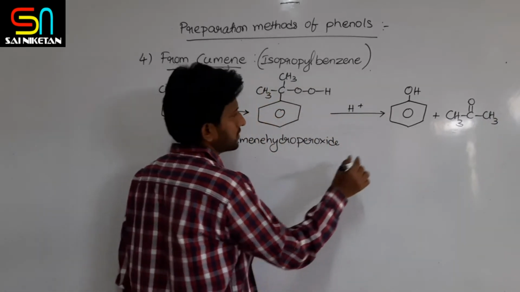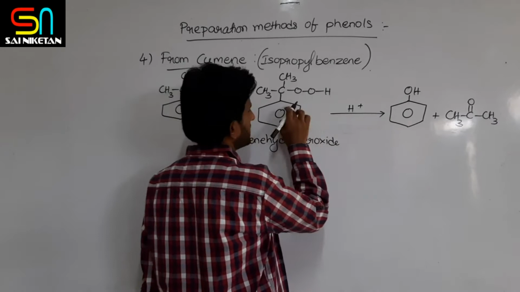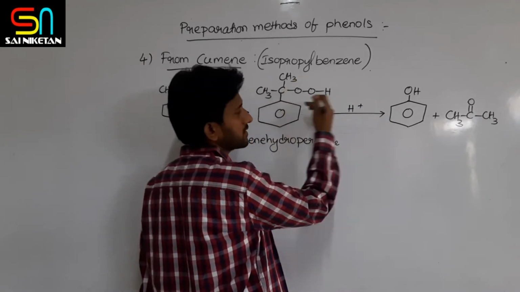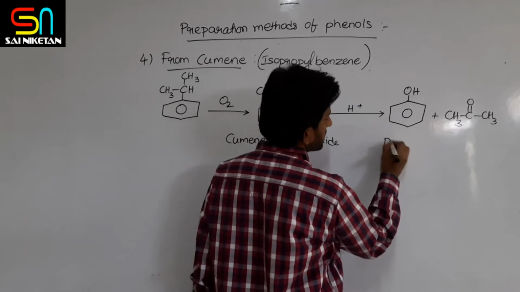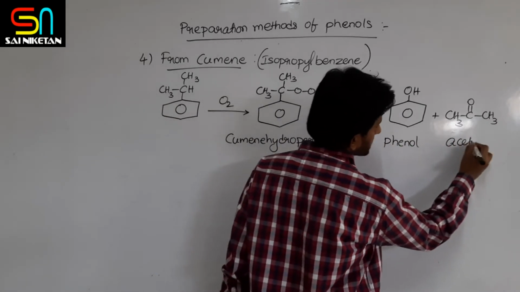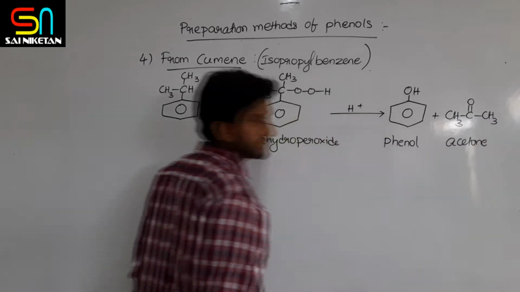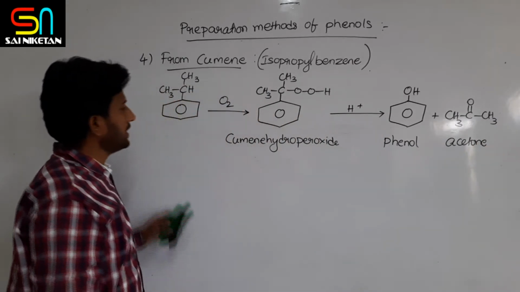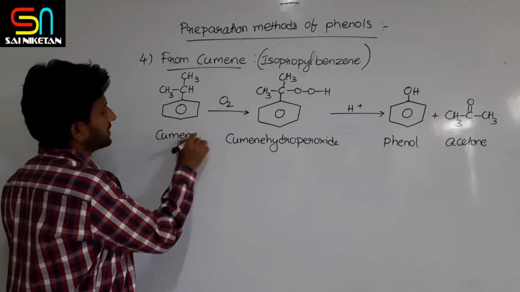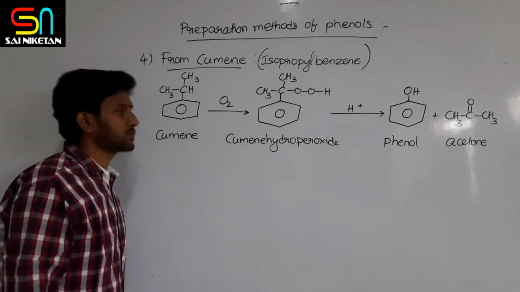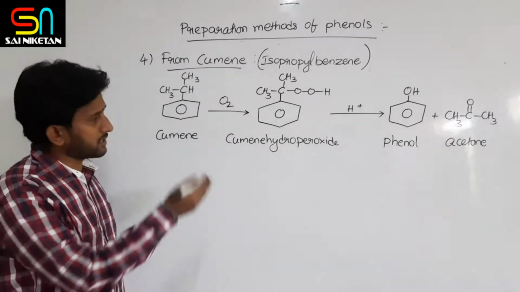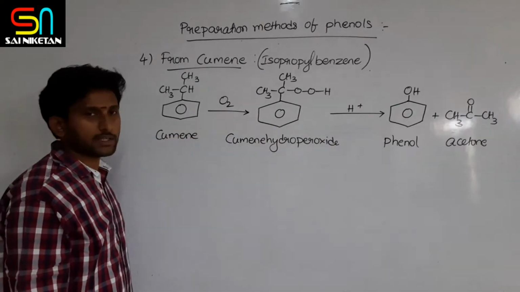Okay, so this part, this OH attaches to the benzene ring, this C3 carbons with oxygen will be eliminated. So that is, you get here phenol with acetone. So cumene, first it will undergo oxidation in the presence of air, it produces cumene hydroperoxide, which in slightly acidic medium undergoes hydrolysis to form phenol and acetone.